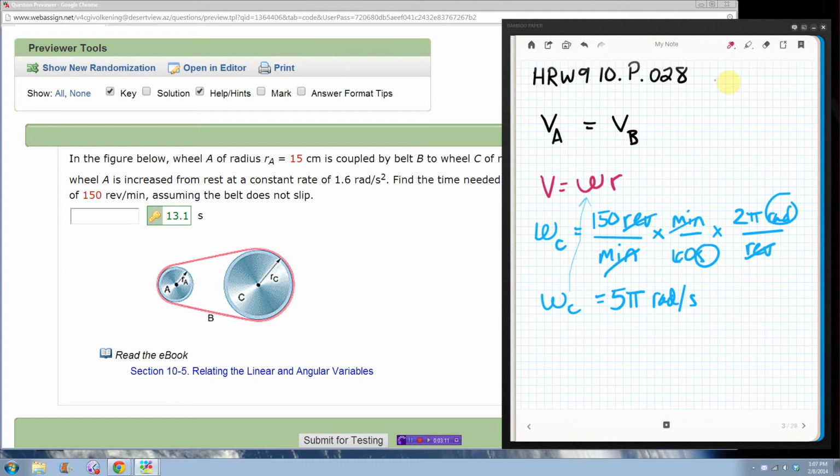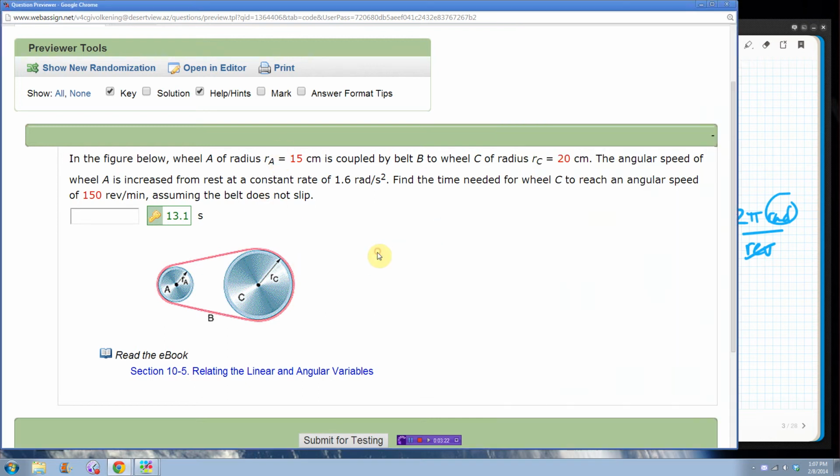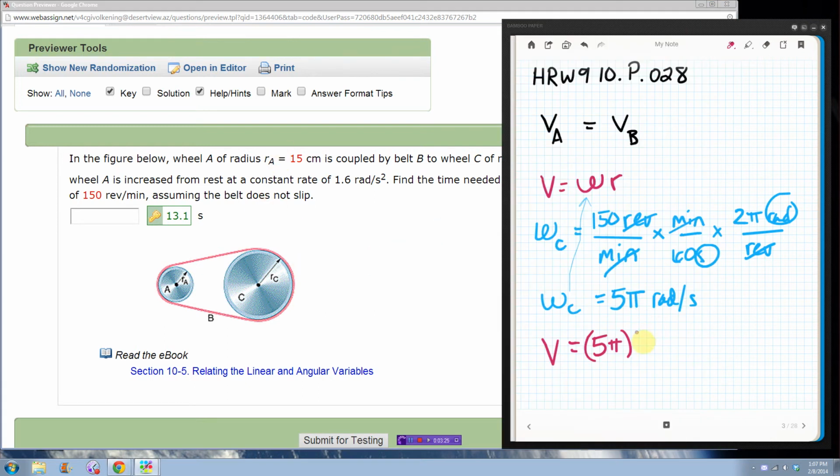The linear speed of the edge of the wheel is 5 pi times 20 centimeters, or 0.2 meters. 5 times 0.2 is just 1, so what I end up with is pi meters per second. I'm glad I left pi in there.